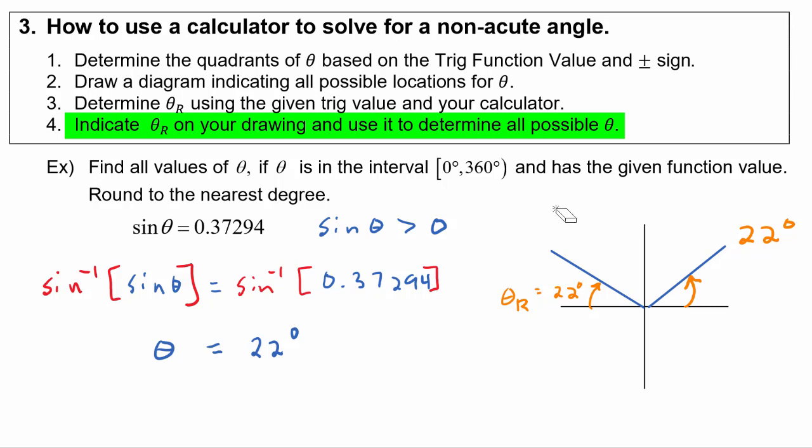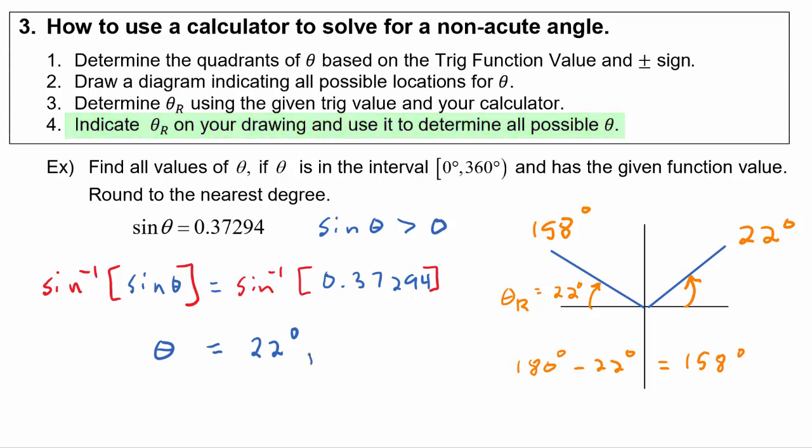And to determine the angle in quadrant 2, we would do 180 degrees minus 22 degrees, and we know that would be 158 degrees. So that gives us the quadrant 2 angle. And so in this case, theta could be 22 degrees, or it could be 158 degrees.